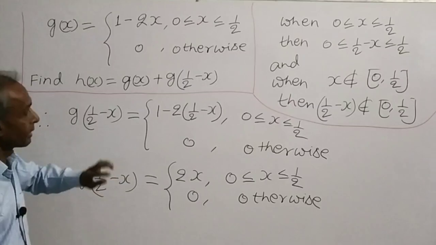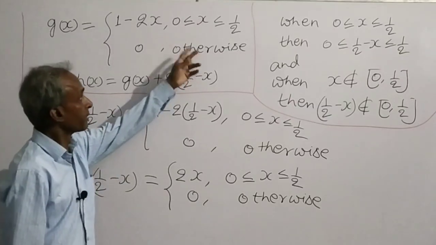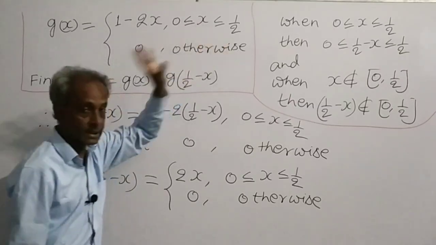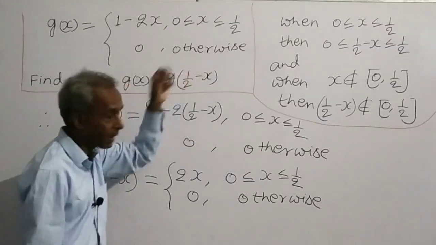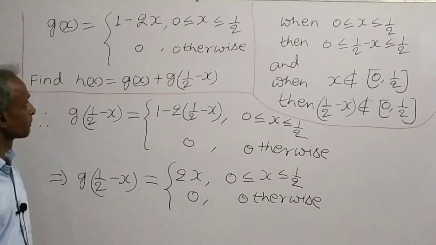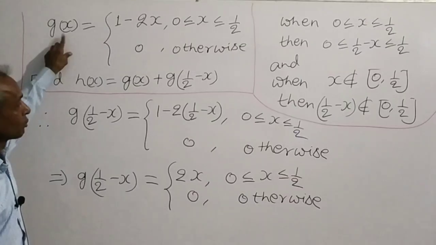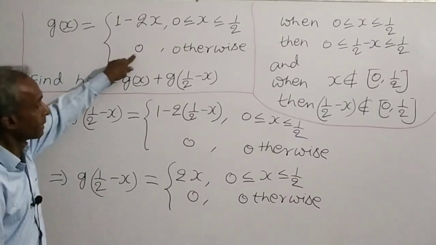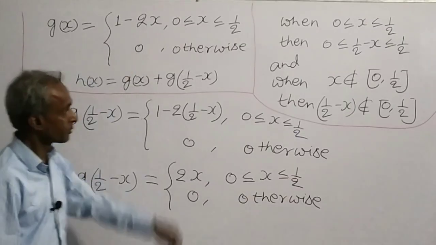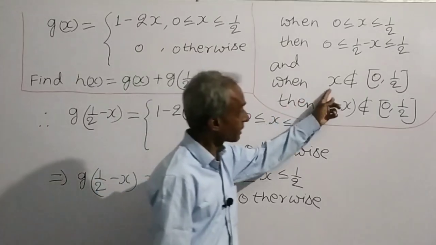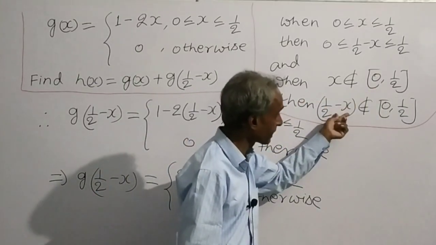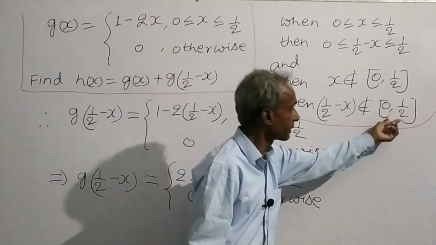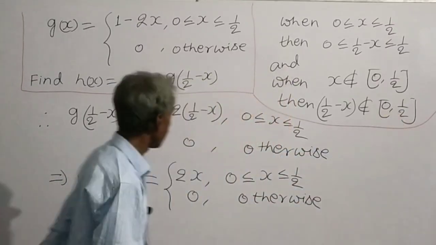And when x does not lie in this interval, that means x is in otherwise situation, then value of function will be 0. When x does not lie in this interval, then 1/2 minus x also does not lie in this interval.